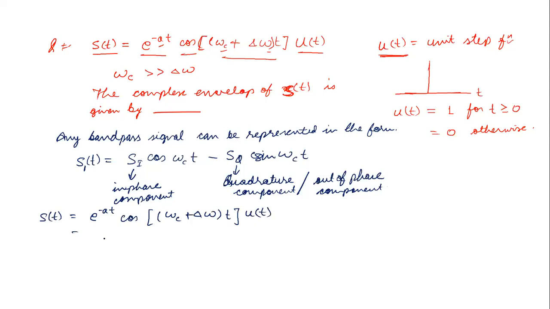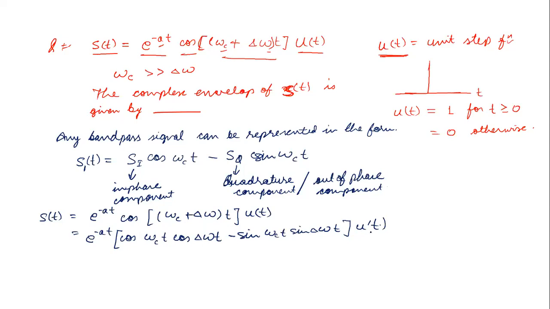Okay, so here we have a form cos(a plus b), so it can be written as e to the power minus at, cos a cos b minus sin a sin b, and we have a u(t).